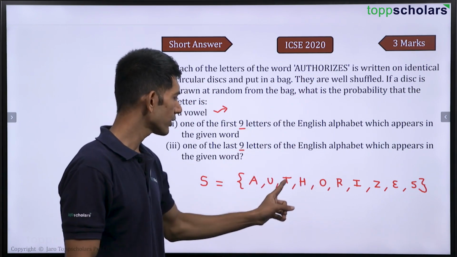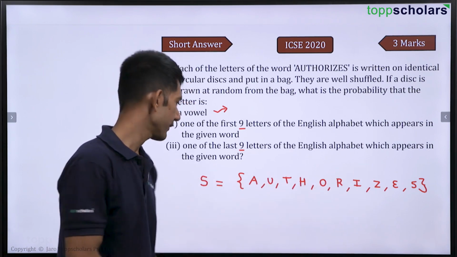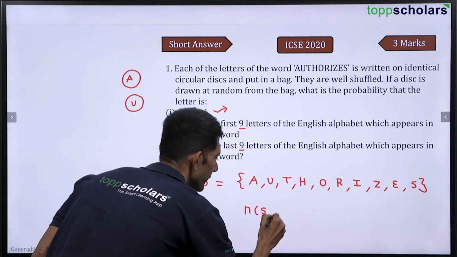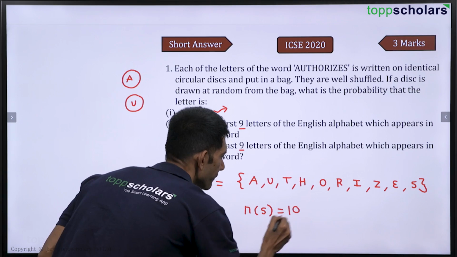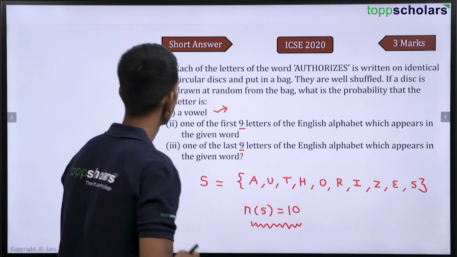So 1, 2, 3, 4, 5, 6, 7, 8, 9 and 10. So can I say my number of elements in the sample space are 10. Correct? So n of S is 10.